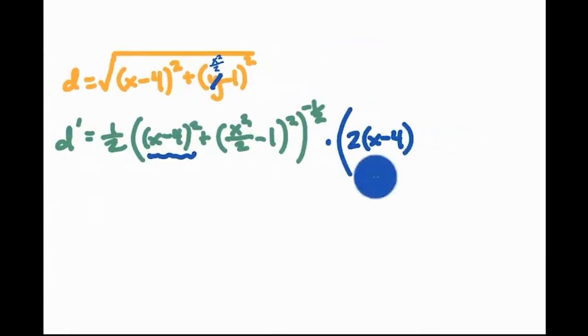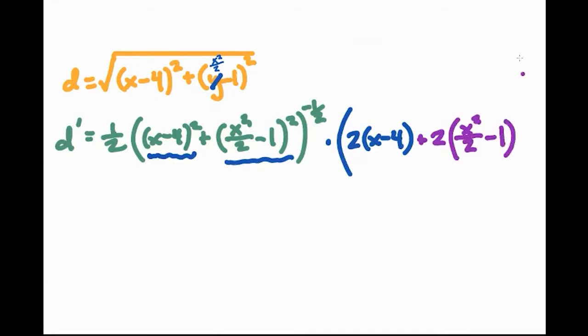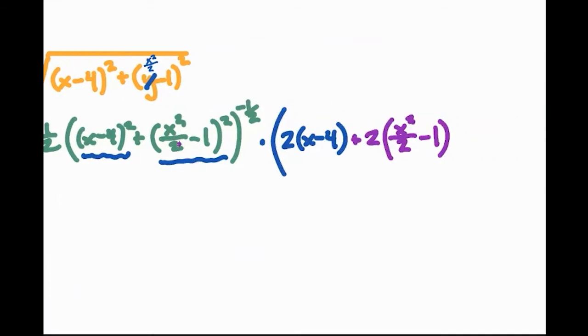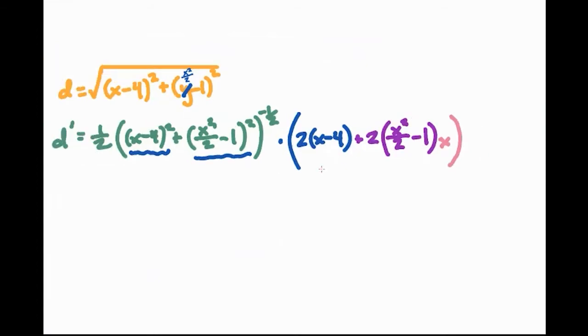And then we're going to add the derivative of this thing right here. Let me do a different color. It's going to be plus 2 times x squared over 2 minus 1, and then we still have to multiply by that inner layer's derivative, which is going to be 2x over 2, which is just times x. Okay, let's make sure we're doing this right.